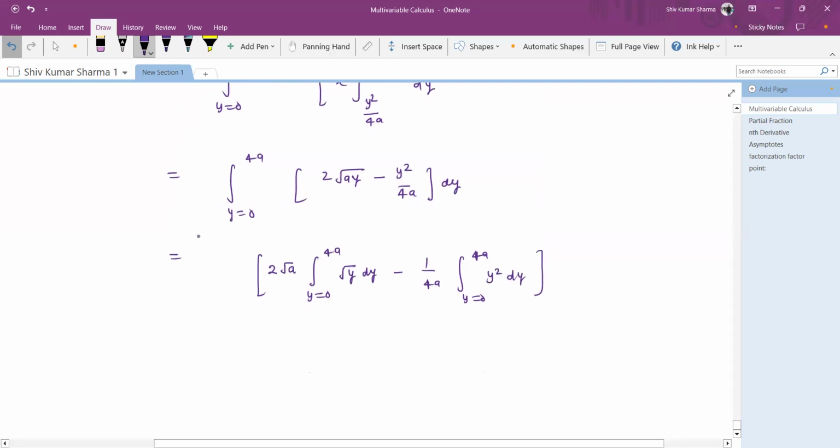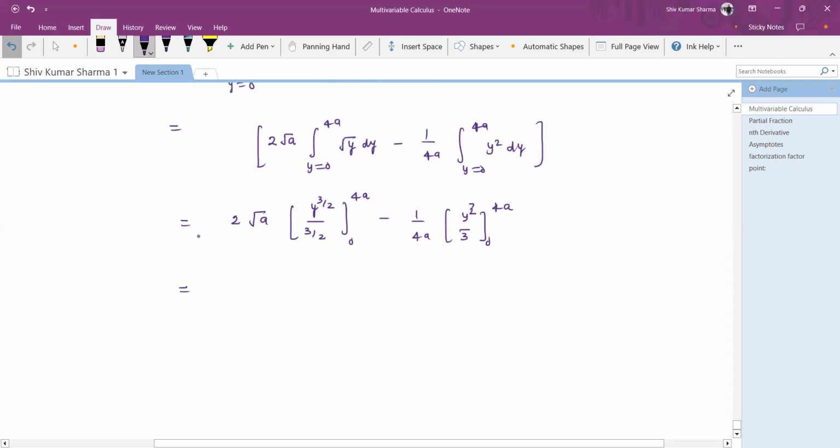Okay, so now this gives us 2 root a. What is the integration of root y? It means y raised to the power 1 by 2, so this gives us y raised to the power 3 by 2 upon 3 by 2, from 0 to 4a, minus 1 upon 4a. Integration of y square gives us y cube upon 3, from 0 to 4a.